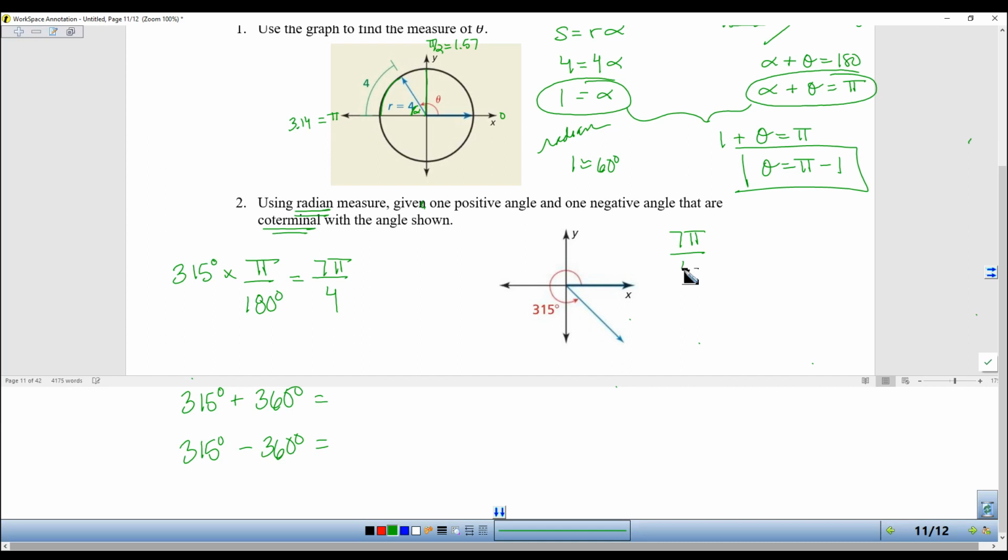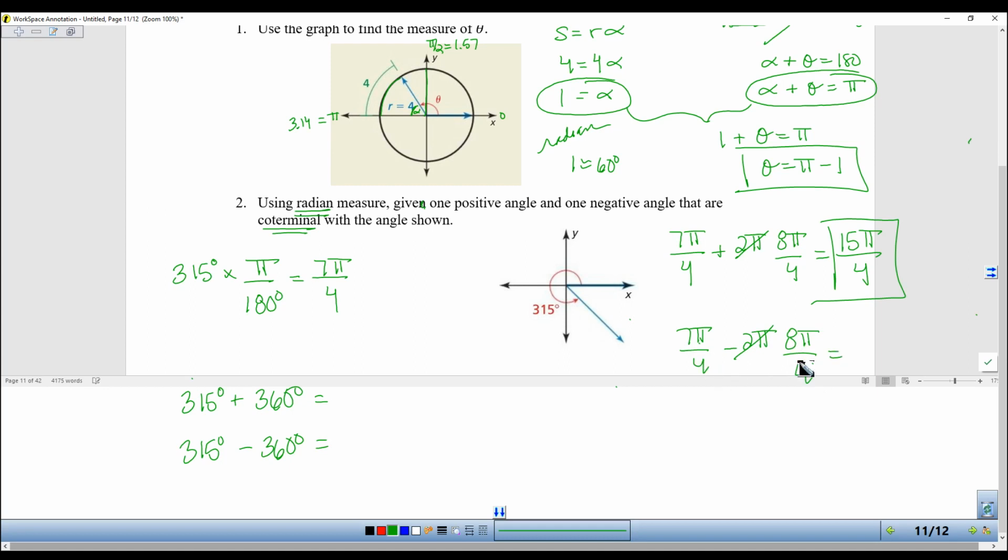But if you convert first, or if you're just given something in radian measure, then you can add or subtract 2 pi, just like we did with 360. Of course, that's not going to help you because you need a common denominator, so I'm going to change it to 8/4. That's the same as 2 pi. And so one coterminal angle is 15 pi fourths. If I'm going to subtract 2 pi, again, I just need a common denominator.